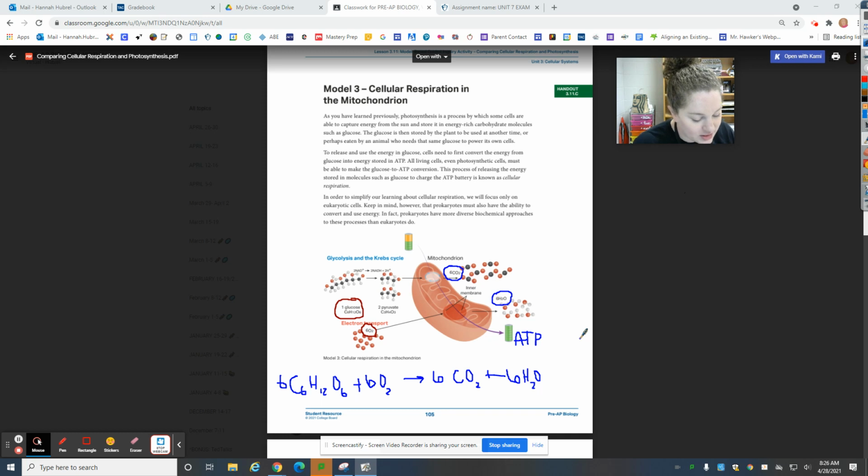So it says once ATP is used for cellular work, it breaks into the lower energy ADP molecule and inorganic phosphate. Based on model 2 and 3, what does the cell do with low energy ADP plus P? It just recycles it to make more ATP. It just keeps reusing. So ADP has 2 phosphates, and then we have this extra phosphate.